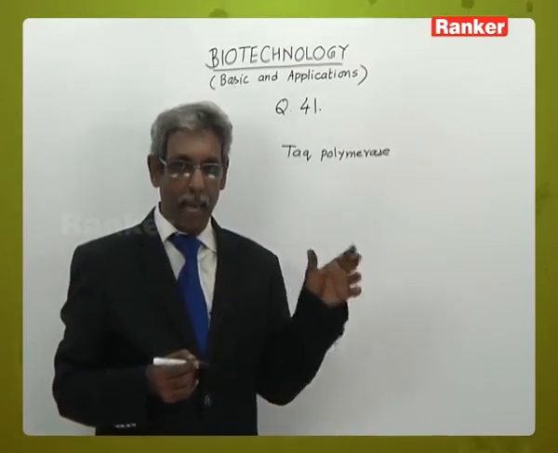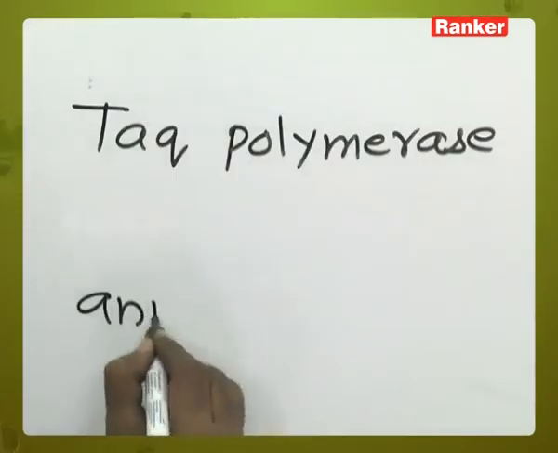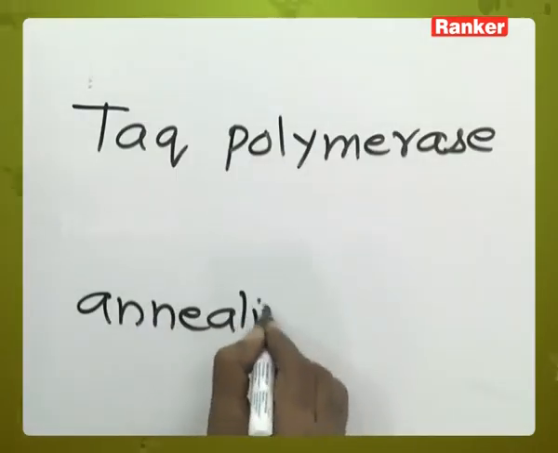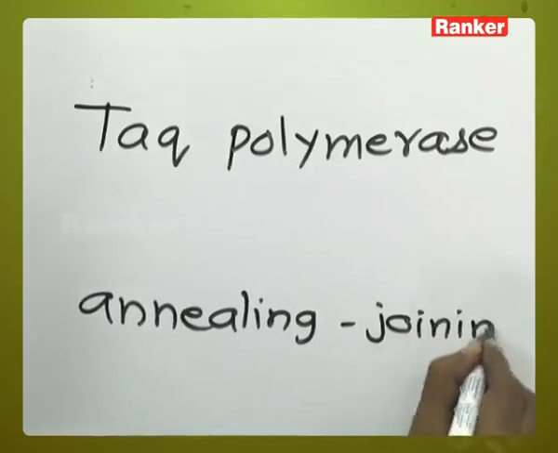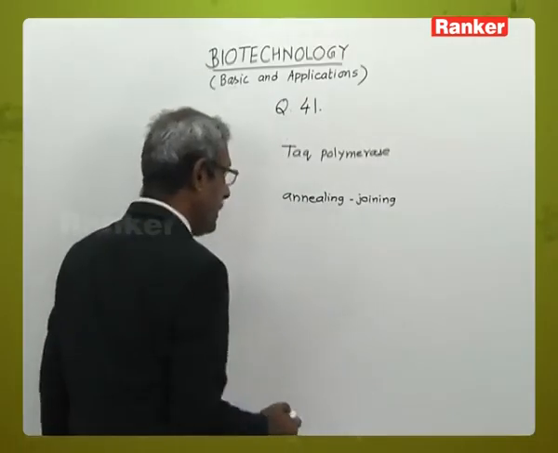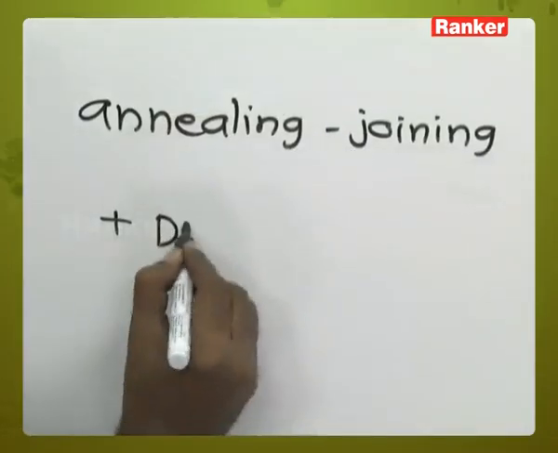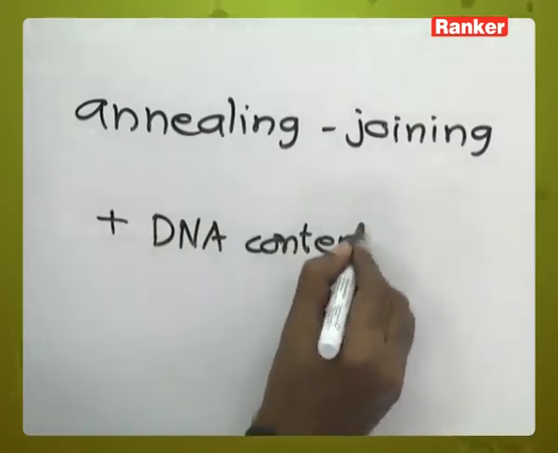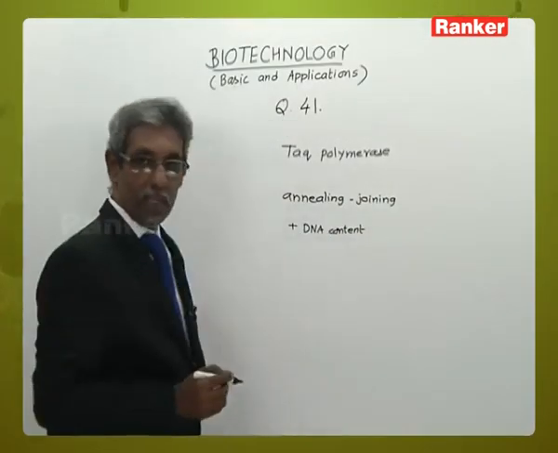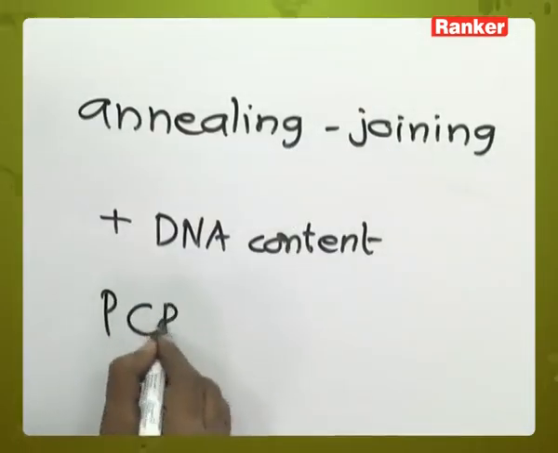Taq polymerase helps with annealing, that is joining, and it also helps in increasing the DNA content. So, Taq polymerase is a basic enzyme which is used in polymerase chain reaction, PCR.